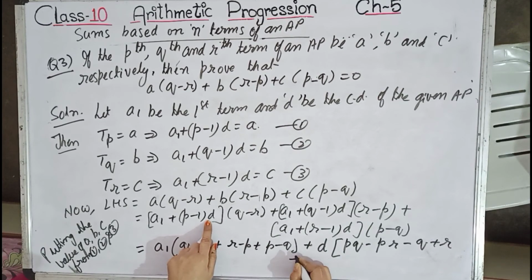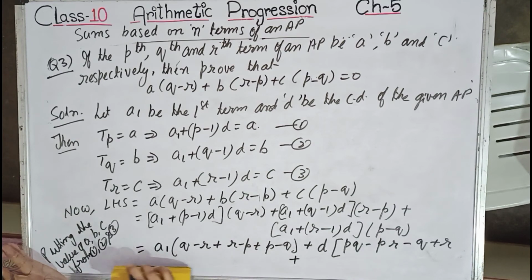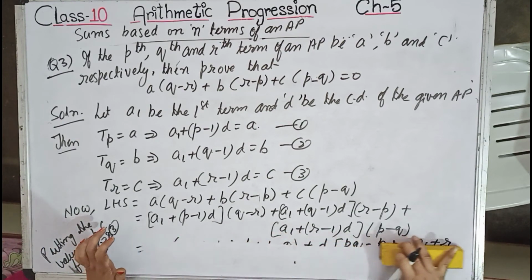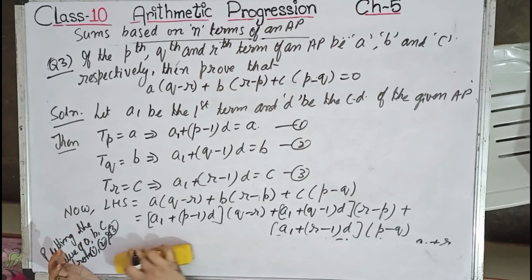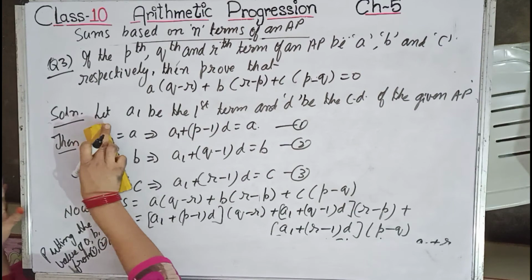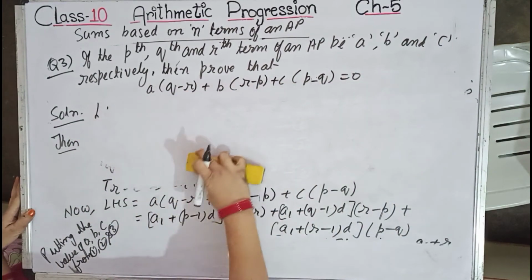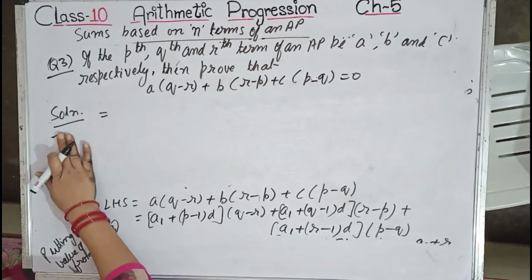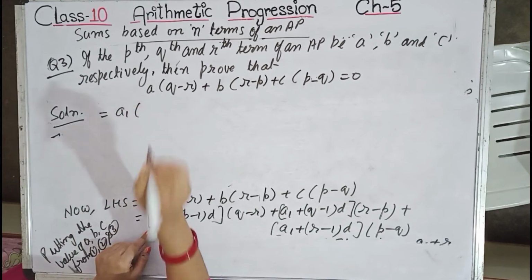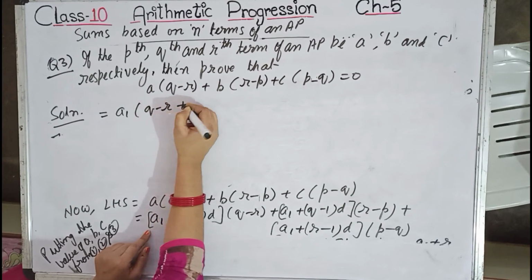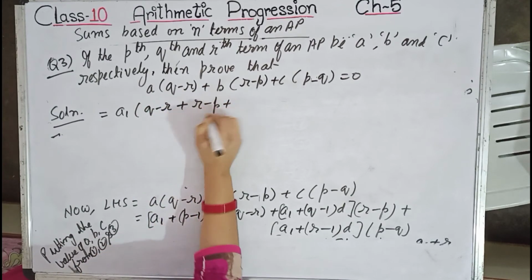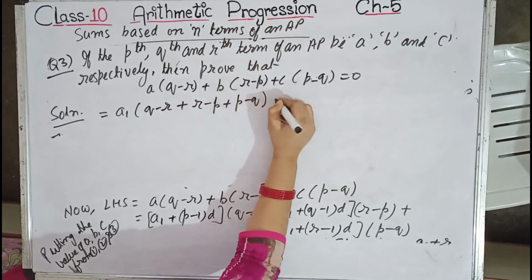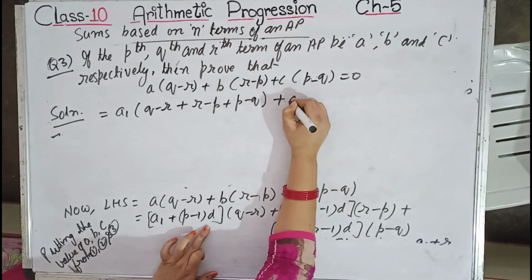I think I should write neatly. This step I am writing again. What I said, a1 term at one place and d term at one place. So a1 into q minus r plus r minus p plus p minus q. Now plus of this d term, d.